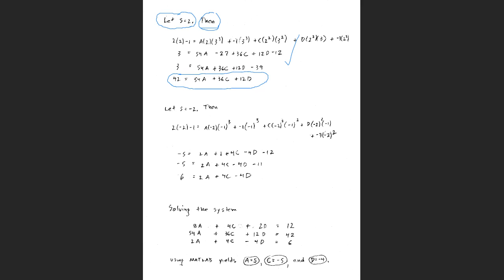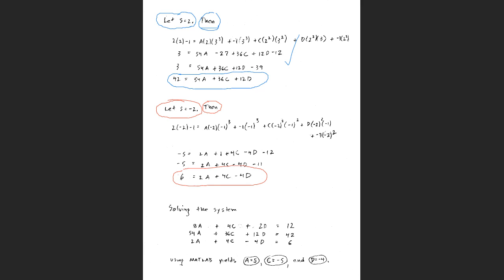Then I'll pick another nice s value. I'll let s equals -2. If I substitute -2 into the equation, I'm going to get 6 equals 2a plus 4c minus 4d.